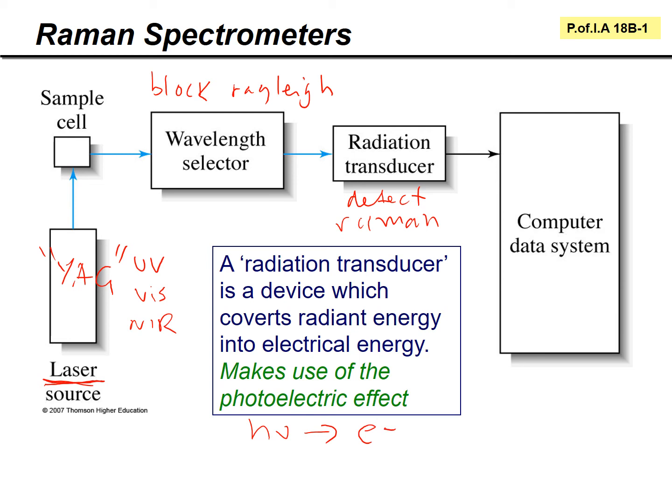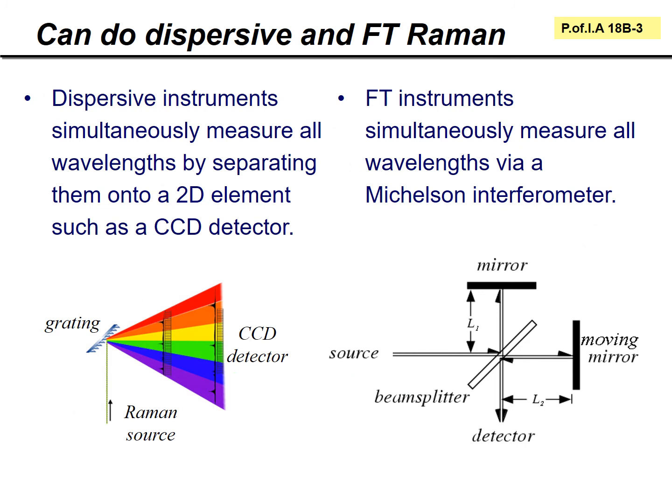So fairly straightforward kit items these days. You can also do Fourier transform Raman if you want, but there's plenty of dispersive instruments around.